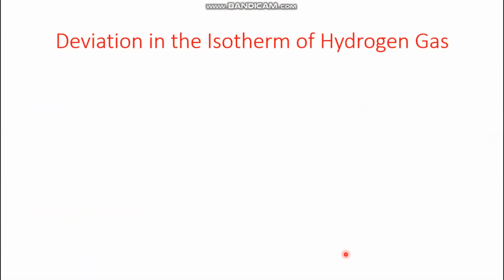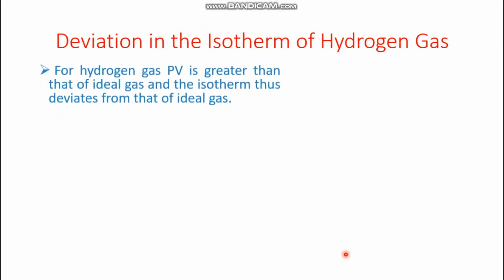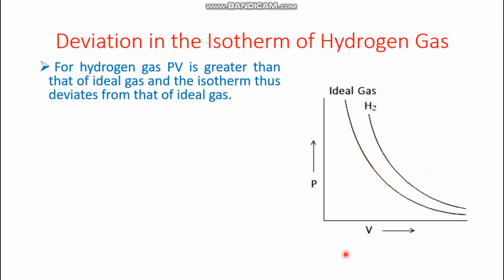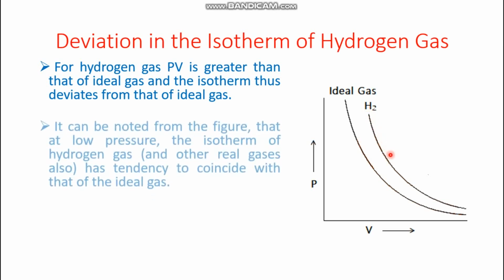Now, how does the isotherm of hydrogen gas deviate from ideal behavior? For hydrogen gas, PV is greater than that of an ideal gas, and the isotherm thus deviates from that of an ideal gas. So this is the isotherm of an ideal gas, while for hydrogen gas the isotherm looks like this.